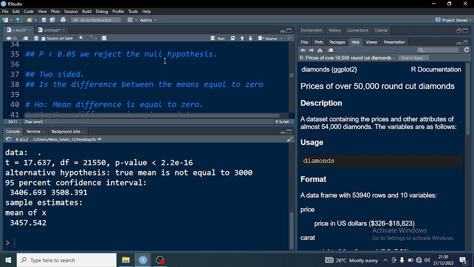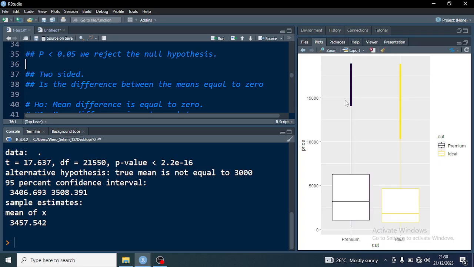Now let's go to the two-sided t-test. Let's look at the two-sided t-test. In the two-sided t-test, we are asking, is the difference between the means equals to 0?